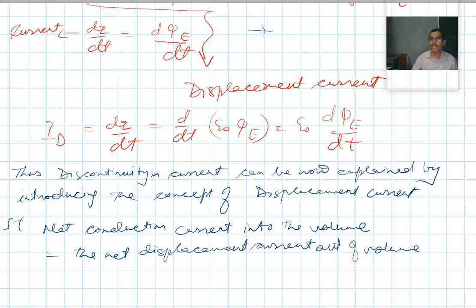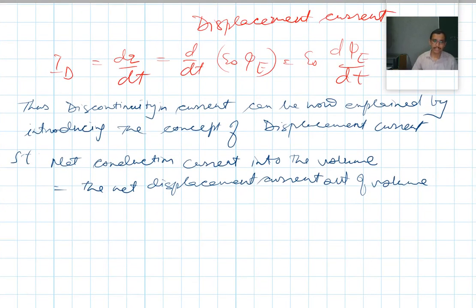Means the current IC and here the current ID both are equal, so that the continuity will be maintained. Therefore total current, or I total, can be written as IC plus ID.